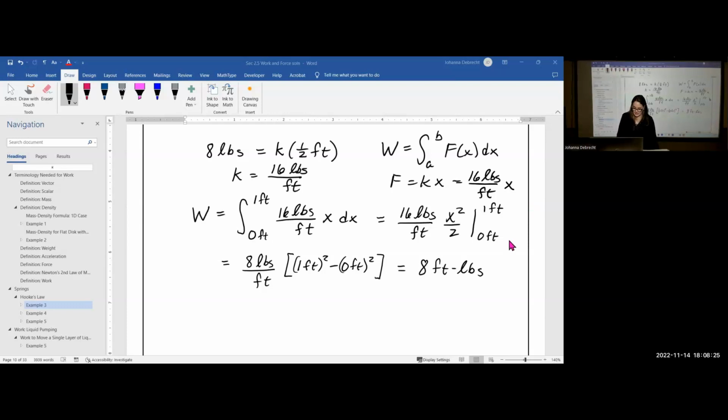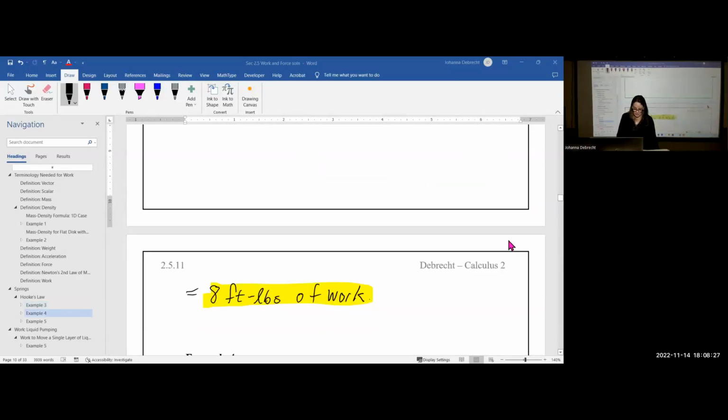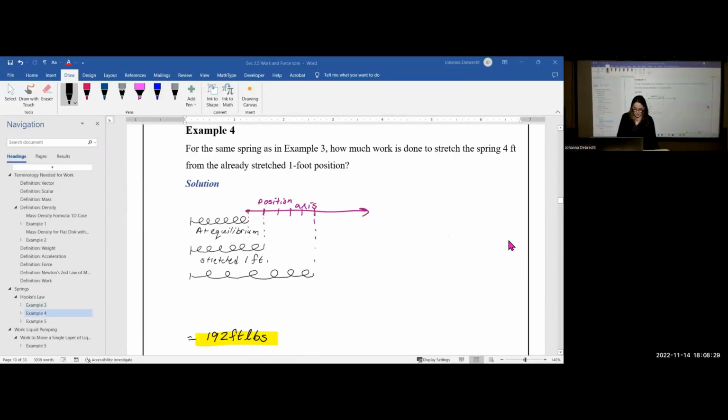Now we want to consider the same situation again, but we want to look at something a little bit different. For the same spring that we had in example 3, so we have the same proportionality constant, the same spring constant. So we know already that K is equal to 16 pounds per foot, because that is constant on each individual spring.